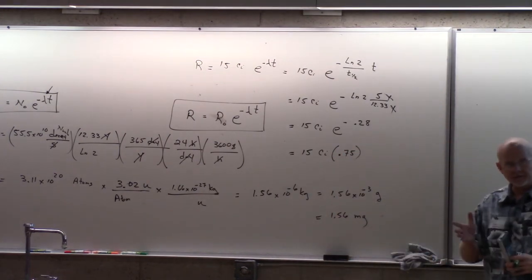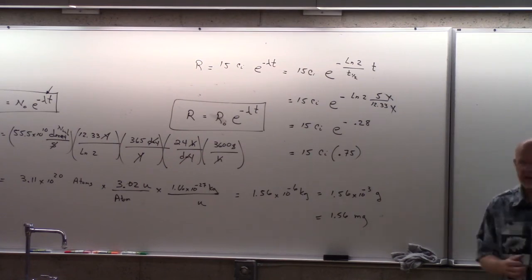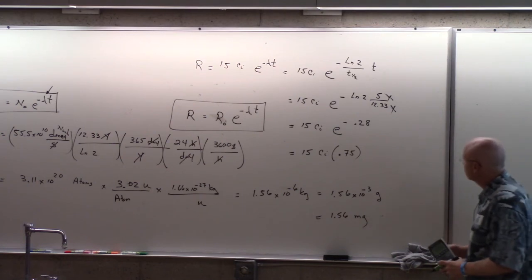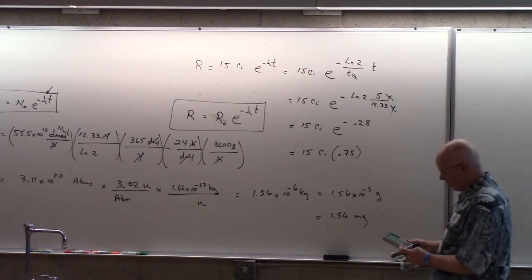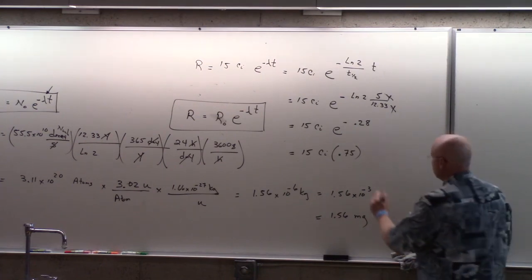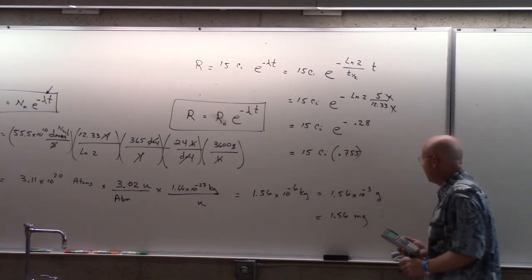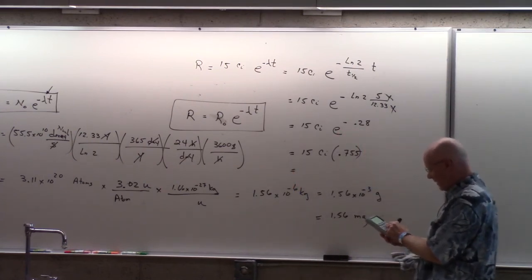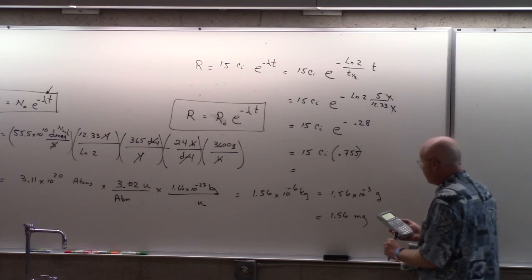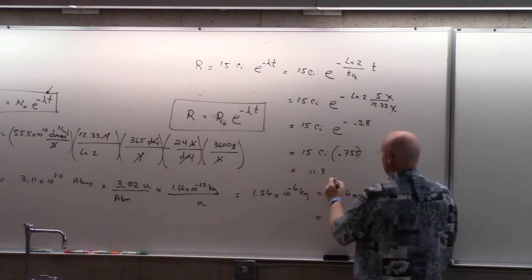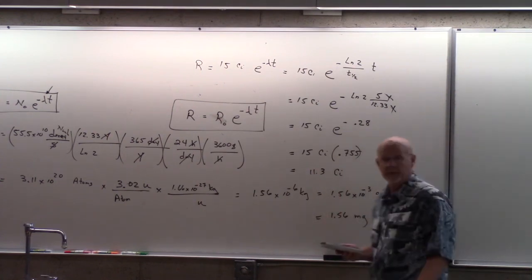It's roughly half of a half is how much has gone away. Yeah, maybe I better correct that now because it's not quite half of a half. Anyways, I'll finish this then by saying it's 15 times my last answer, and we're still looking 5 years later at a rate of 11.3 curies.